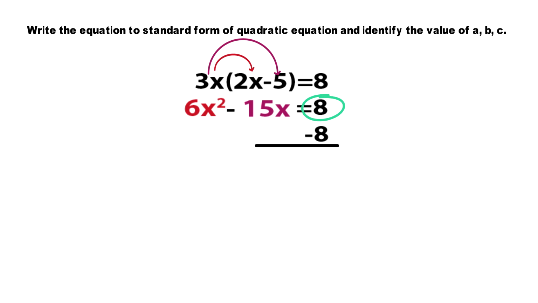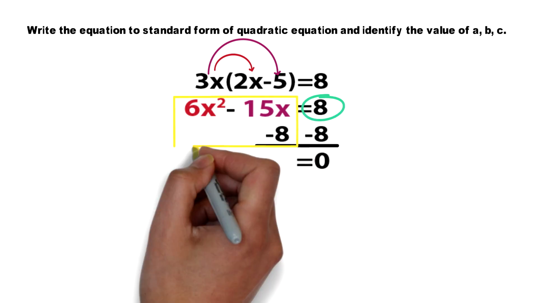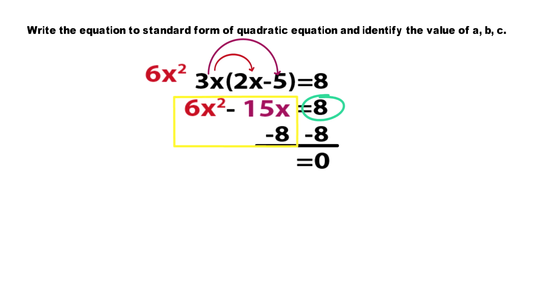So, positive 8 plus negative 8 is equal to 0. Since we added negative 8 on the right side of the equation, we must also add negative 8 on the left side, so that the equation will still be balanced. And now look for like terms. Since there are no like terms, our equation now is 6x squared minus 15x minus 8 is equal to 0.